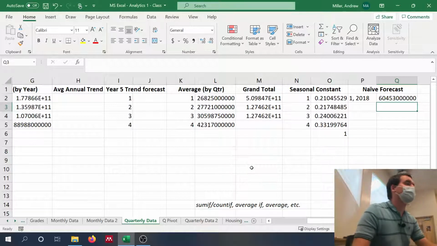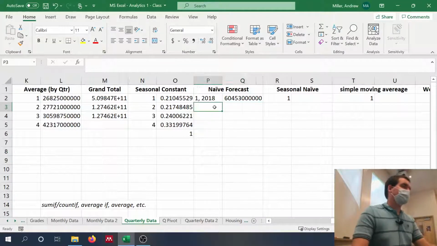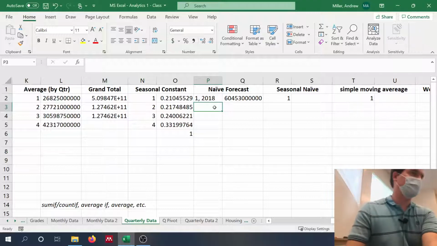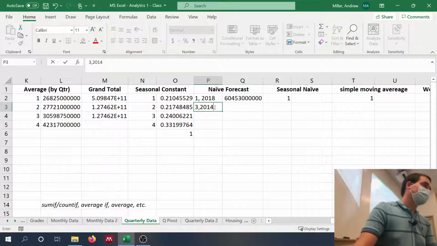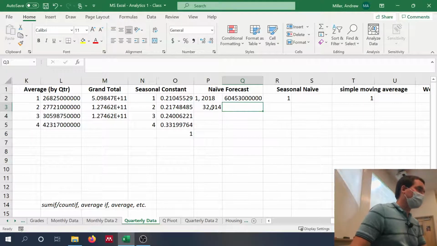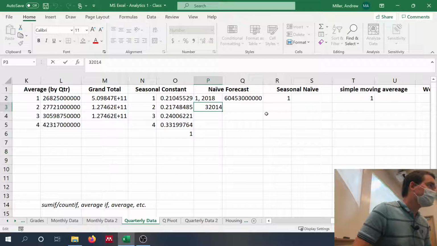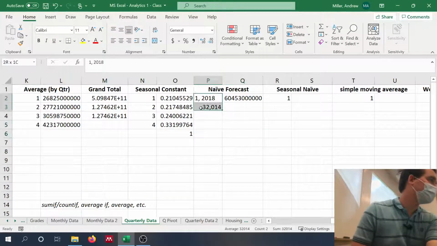So, that said, let me throw a little monkey wrench into this and say quarter 3, 2014.